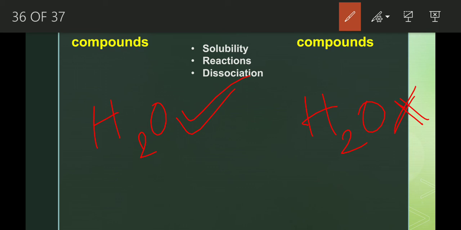Clear? Next are the reactions. Electrovalent compounds undergo high speed ionic reactions because free ions can easily form in solution. But covalent compounds undergo slow speed molecular reactions.